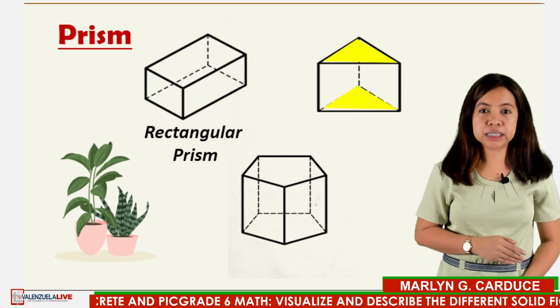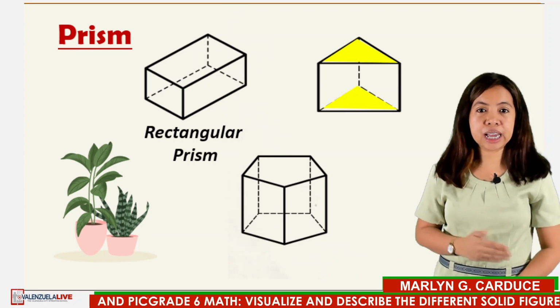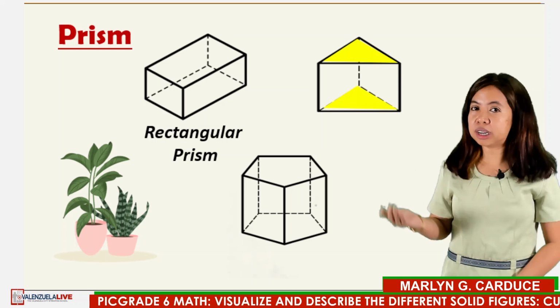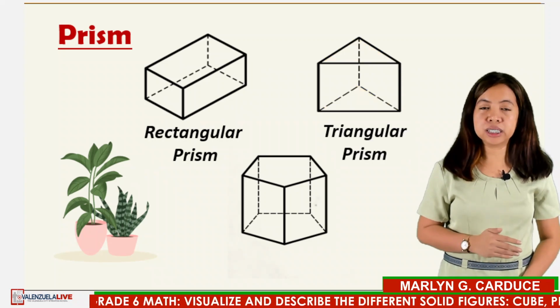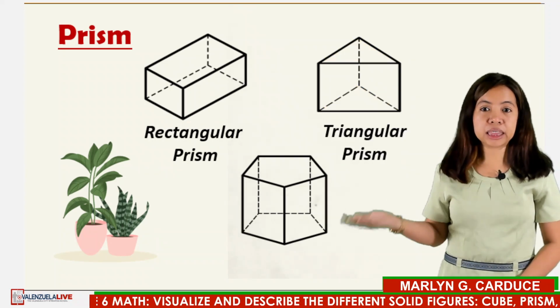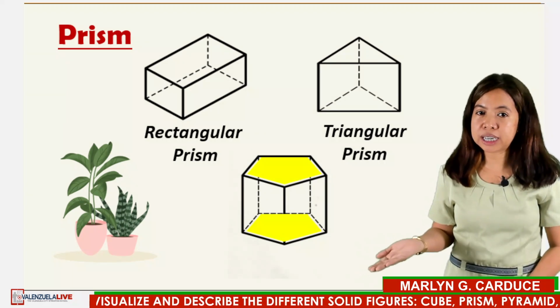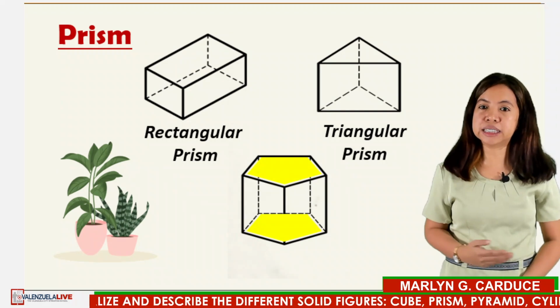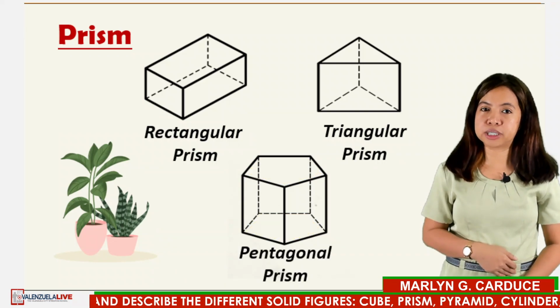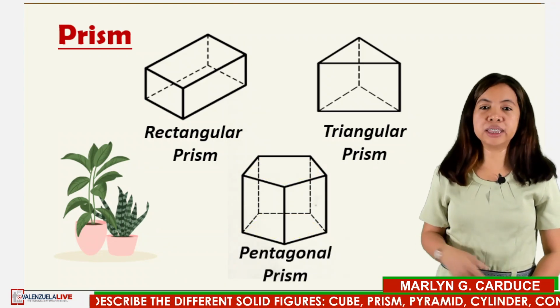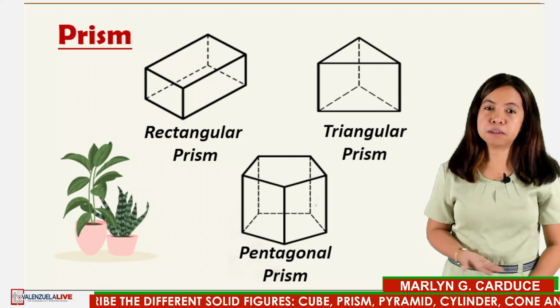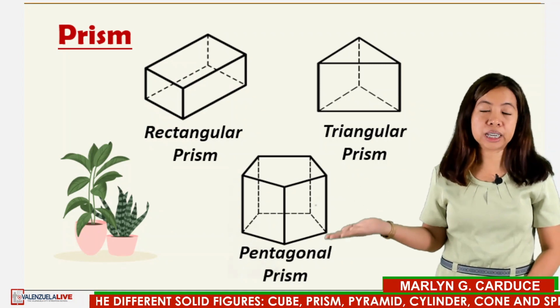If it has parallel triangular bases, we can call it a triangular prism. And if the prism has pentagonal bases, we can call this the pentagonal prism. And there are a lot more examples of prism aside from what I have presented.